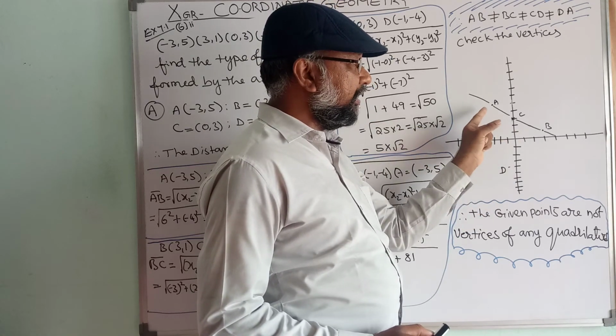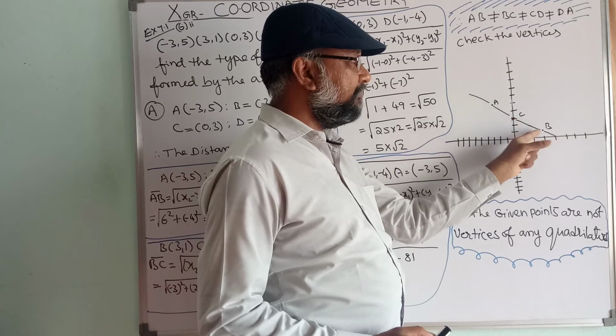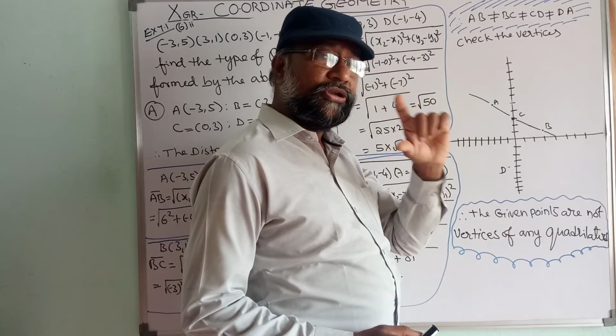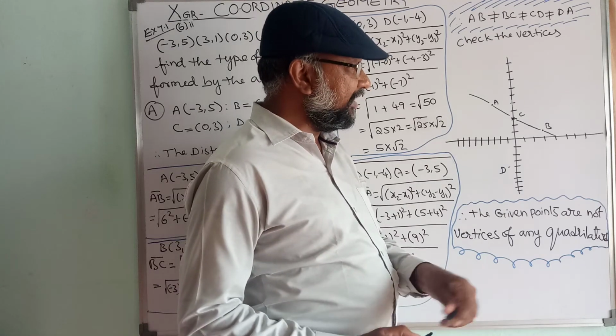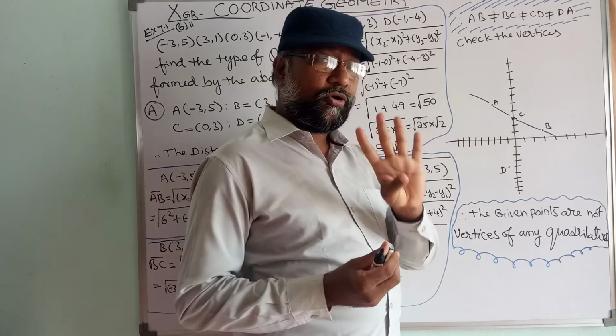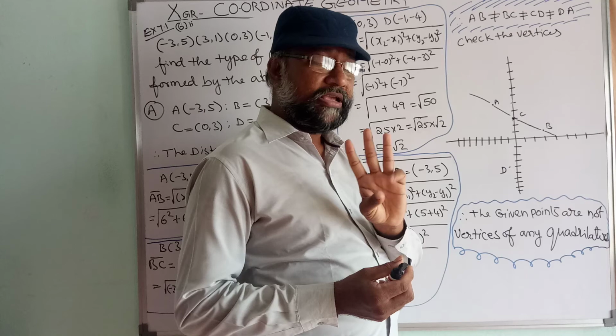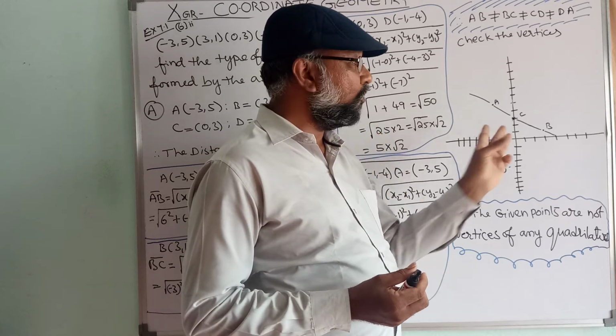If you join A, C, B, they come into one line. They are collinear. So among the 4 given points, 3 points are collinear.